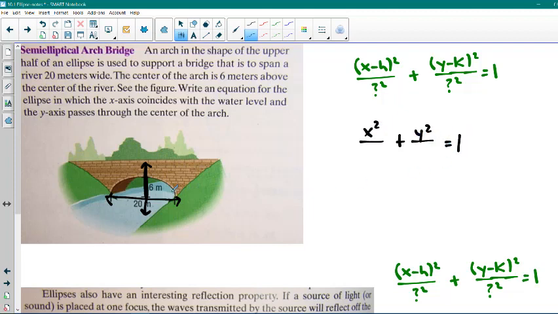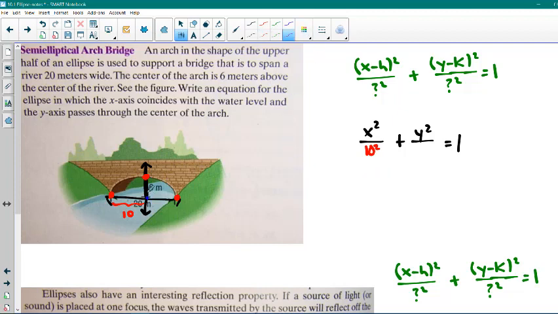Okay? Well, we actually have points on the ellipse. So, how far are we going to the right and left of our center? Well, if the whole distance is 20, then this distance is 10. So 10 is the denominator of my x term, and that is squared.